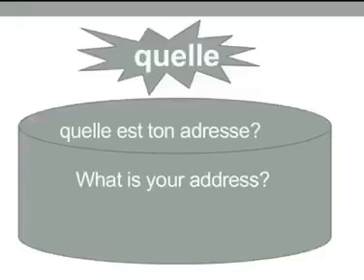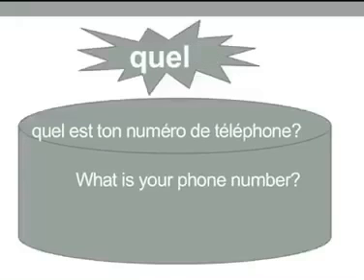So quelle is used because adresse is feminine. Then the other one, quel, which means what. Here we are taking the masculine form because in the sentence it is used with a noun which is masculine. Quel est ton numéro de téléphone? What is your phone number? So here numéro is masculine, that's why we have used the masculine form.